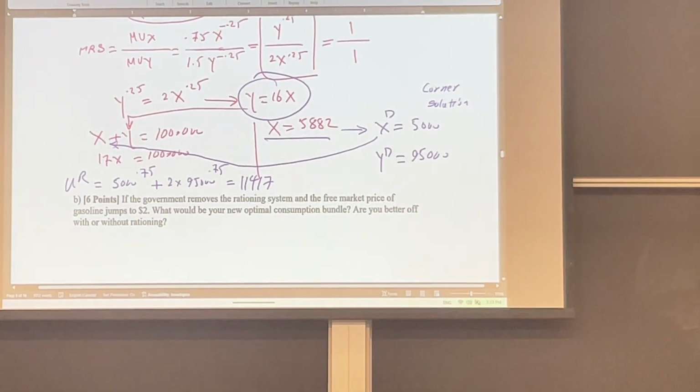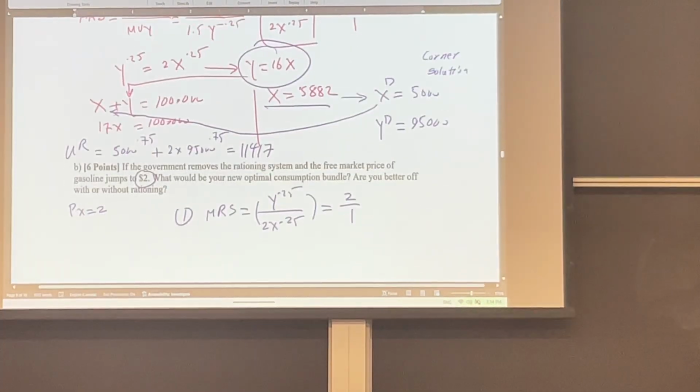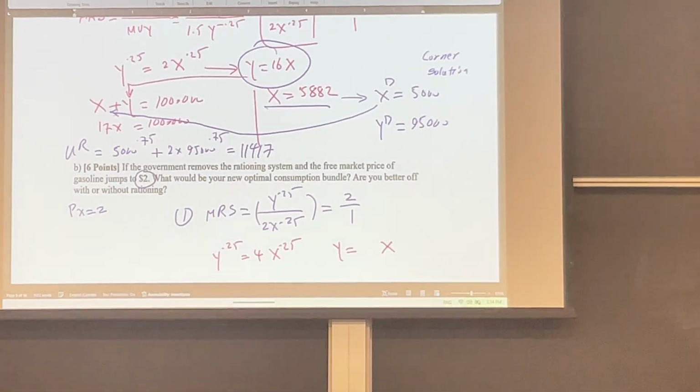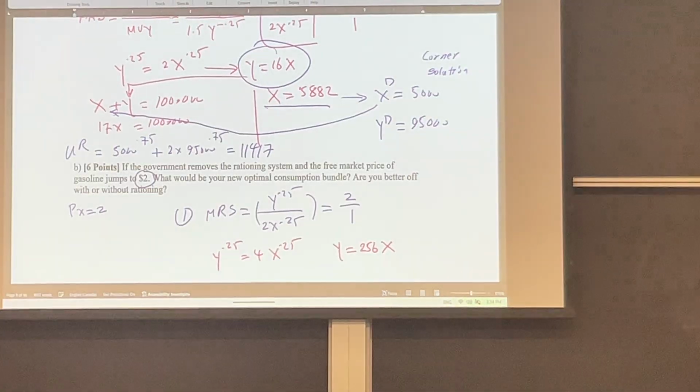That's that one. In part B, there's no rationing, but the price of X is 2. So we're going to do the same thing, but with the new price. The MRS was this one. That should be equal to 2. Then we're going to solve it. Four to the power of 4 is 256, I guess, right? That's that.